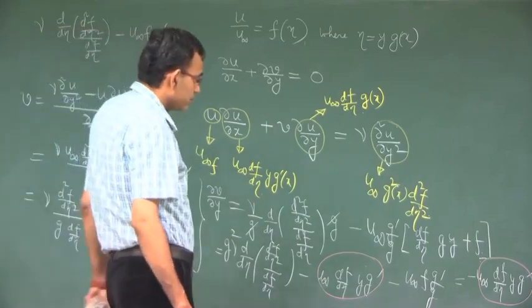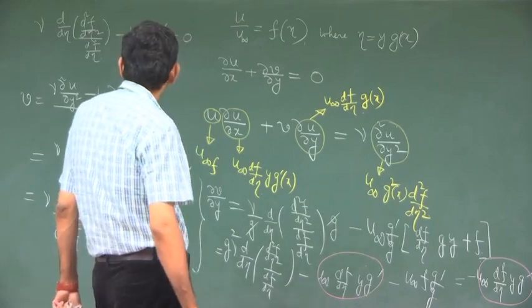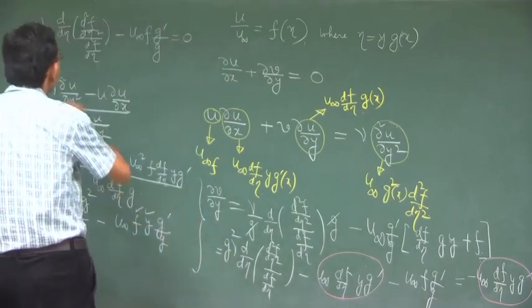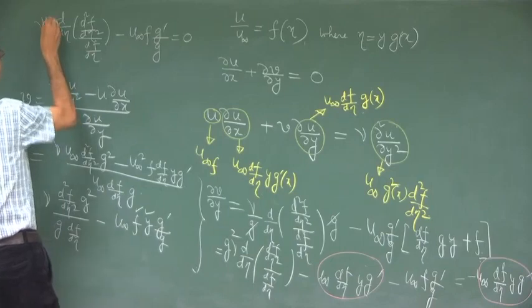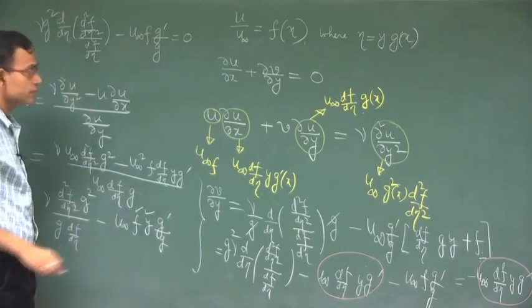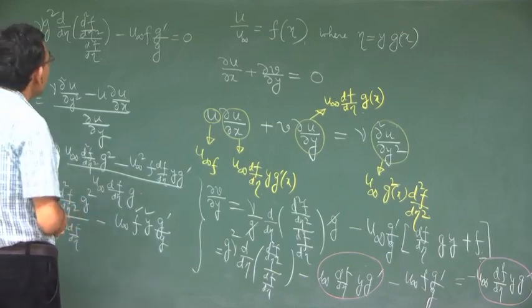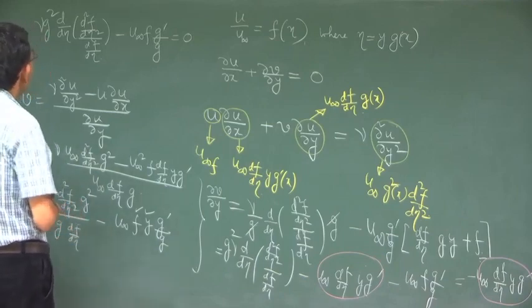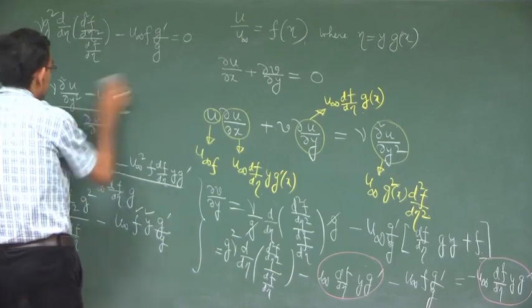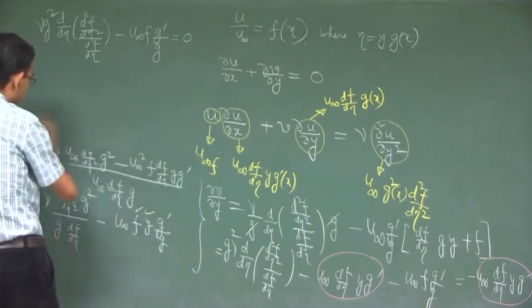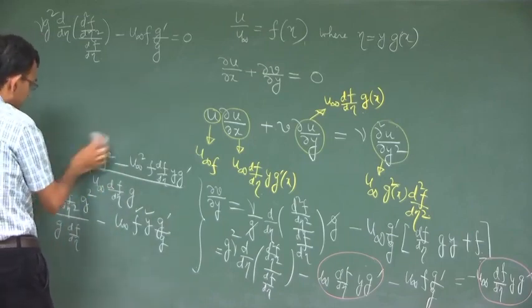So, nu g square, right. I think that was the only thing that was missing, right. So, then let us erase this, hopefully the remaining algebra is correct.